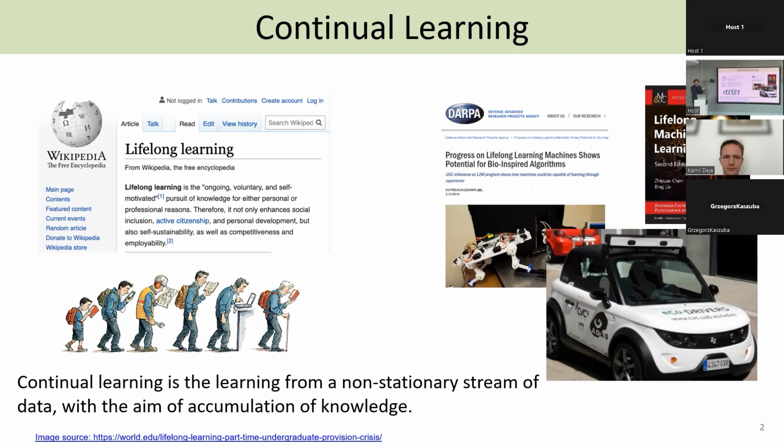The non-stationary part was debated, and there was no agreement on that part. Even it could be stationary. But okay, we have a stream of data. I think the non-stationary part is kind of essential: the data is changing over time, a learner is learning from this data, and you want to accumulate knowledge. So you don't want to forget previously acquired knowledge.